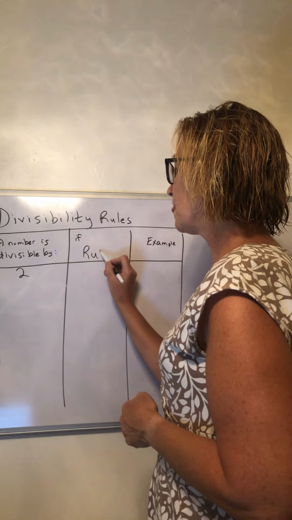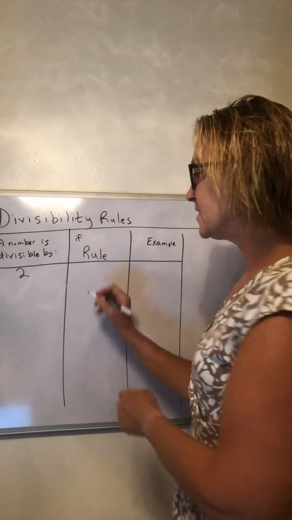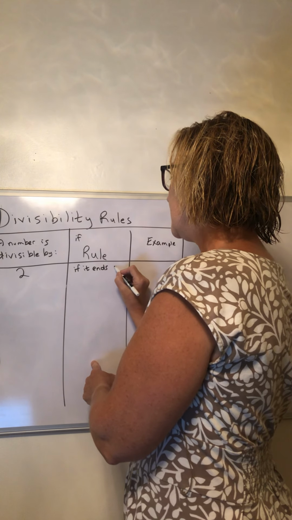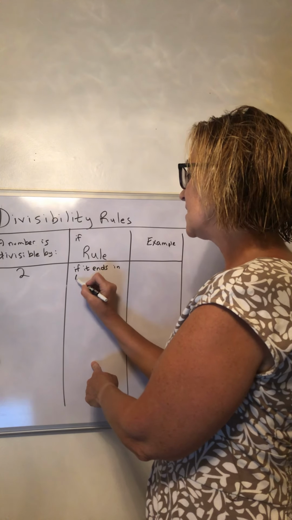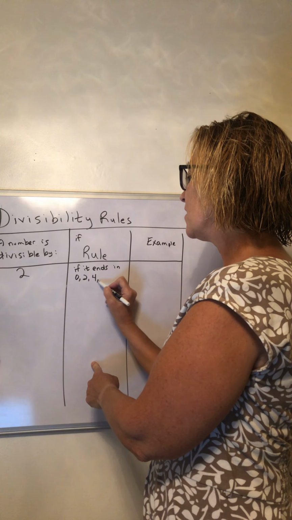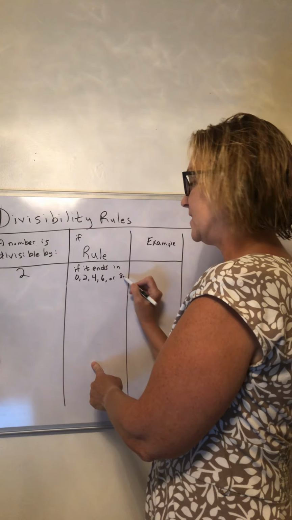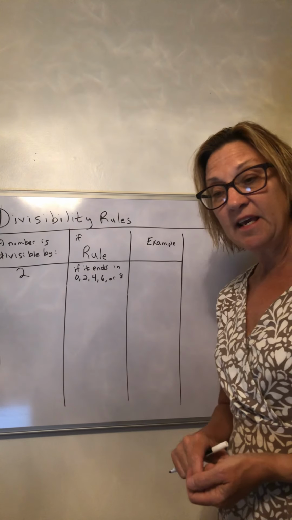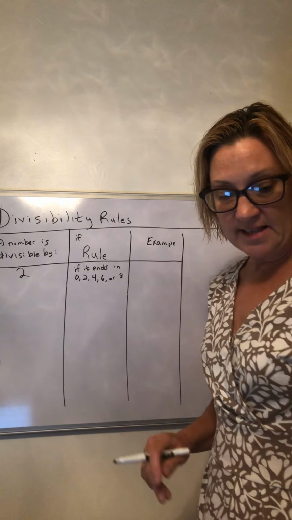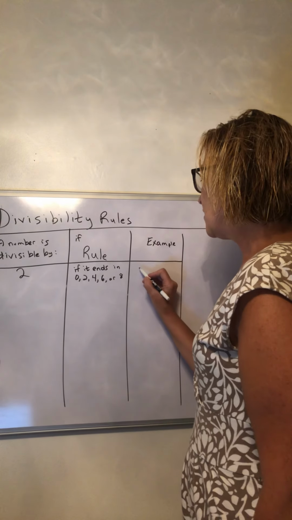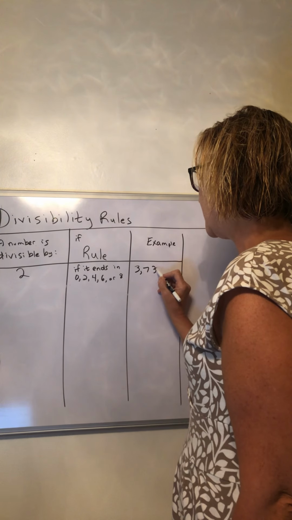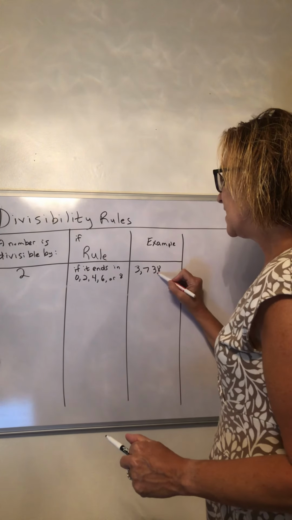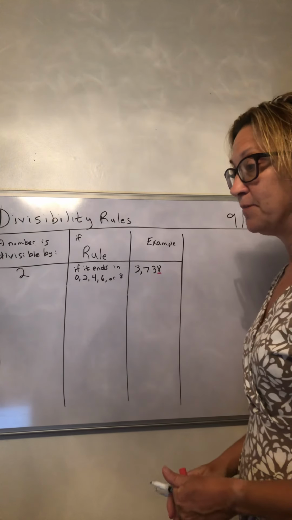So the rule for 2 is if it ends in an even number, which means 0, 2, 4, 6, or 8, that number can be evenly divided by 2. So an example could be 3,738. 2 will divide this number evenly without a remainder because it ends in an even number. 8 is an even number.